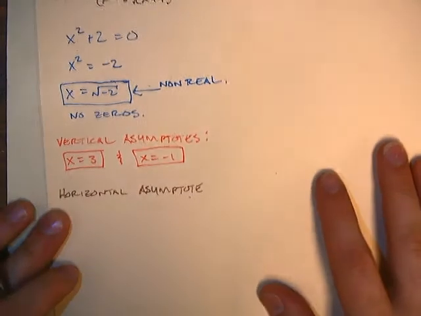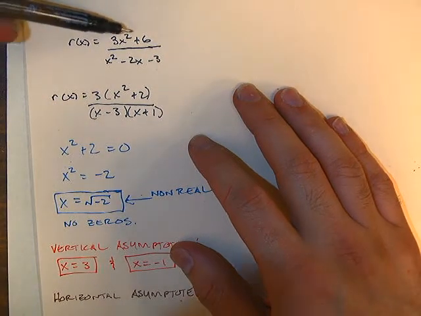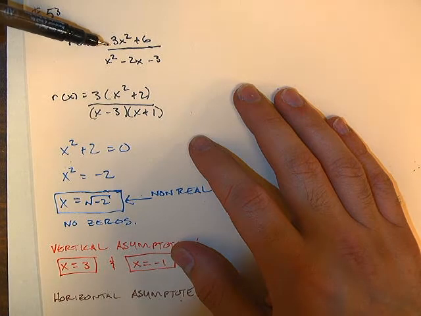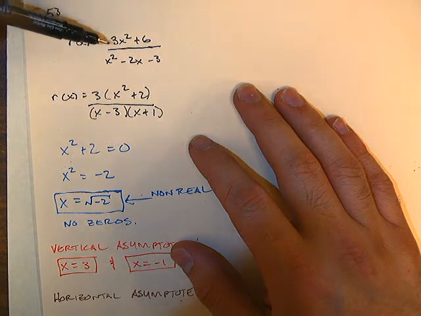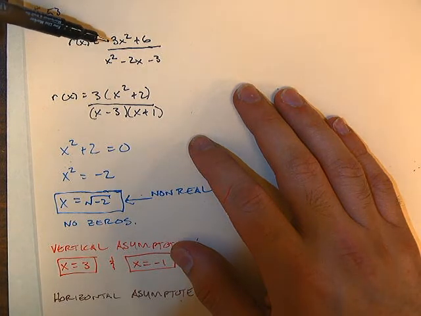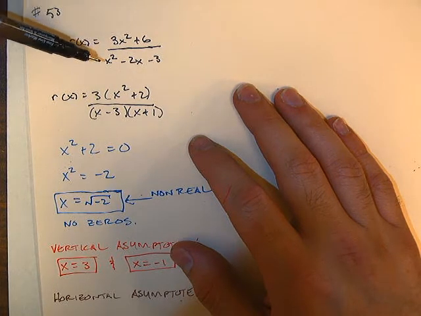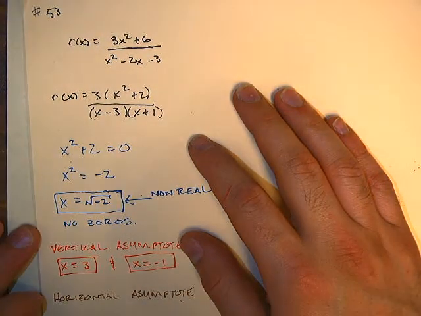And we're going to do that by looking at our original function. So we see that our original function has degree 2 in the numerator and degree 2 in the denominator. And when the degree of the numerator is the same as the degree of the denominator, then what we're going to do is take the coefficient on each of those, and that's going to tell me where my horizontal asymptote is located.